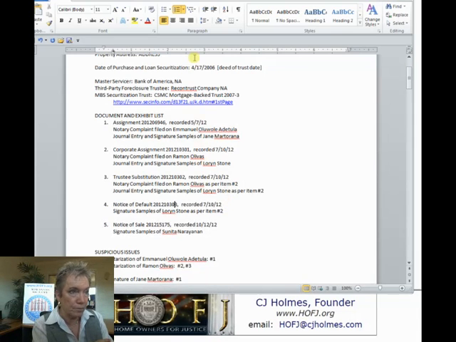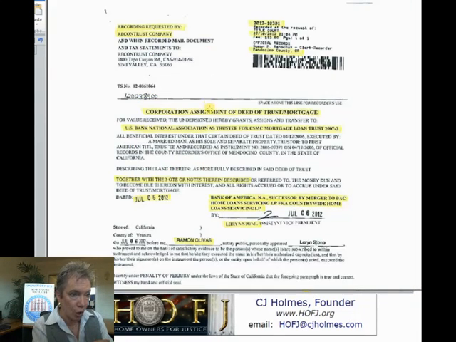And so on this corporation assignment, here you've got the B of A. We saw the B of A as successor by merger to BAC Home Loan, so we know that assignment is illegal. So this assignment has to be illegal because it's based on the first one that's faulty. But nevertheless, it's faulty on whoever's issuing it. They shouldn't even have the authority to do that because they're never the assignee of the servicer.